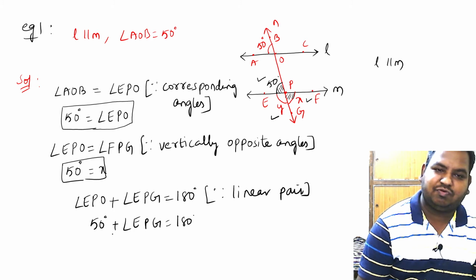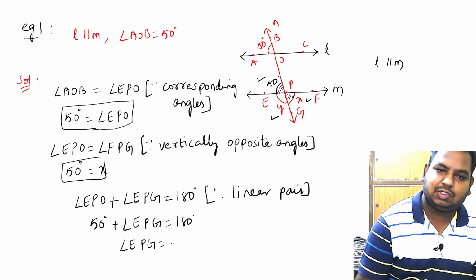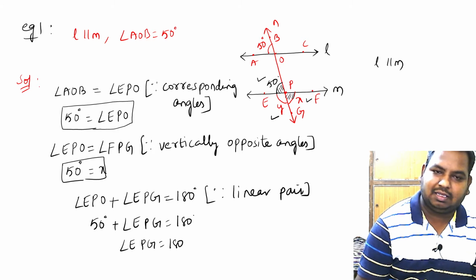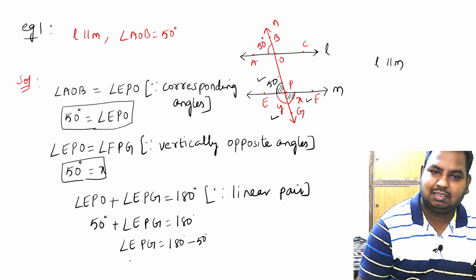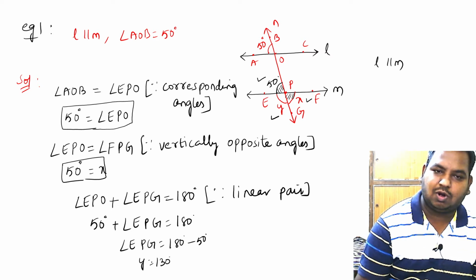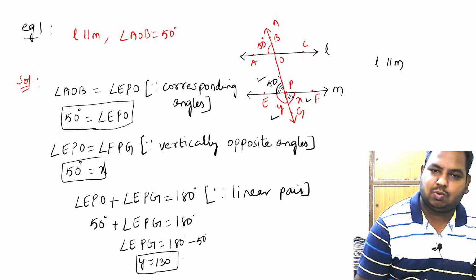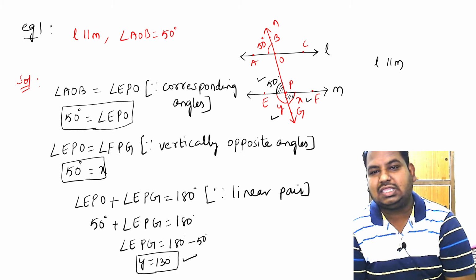I'll transpose 50 to the right-hand side, we'll have angle EPG equals 180 degrees minus 50 degrees. Angle EPG is nothing but Y. So Y equals 130 degrees. We got the measure of Y as 130 degrees.